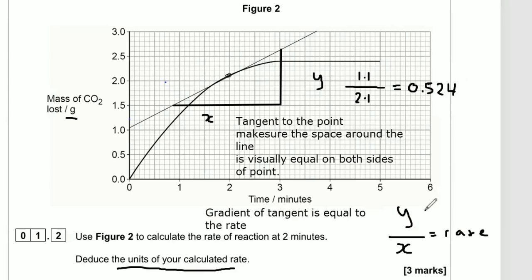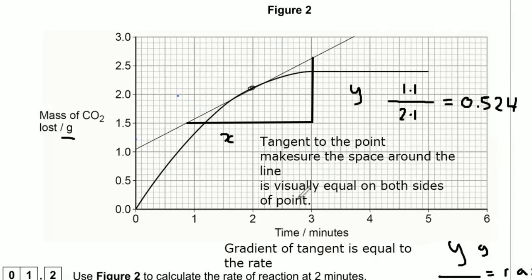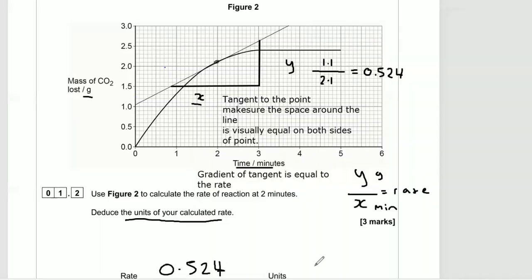0.524. Now, in the mark scheme, they allow you anywhere between sort of 0.45 and 0.55, something like that. I'm not really sure, but it's roughly in the right area. So slap that down as the answer, and now we just need to work out the units. Well, we look at y and it's grams, we look at x and it's minutes, so it's grams per minute.